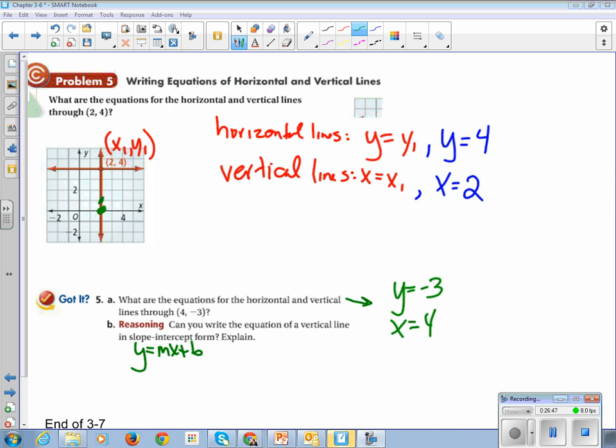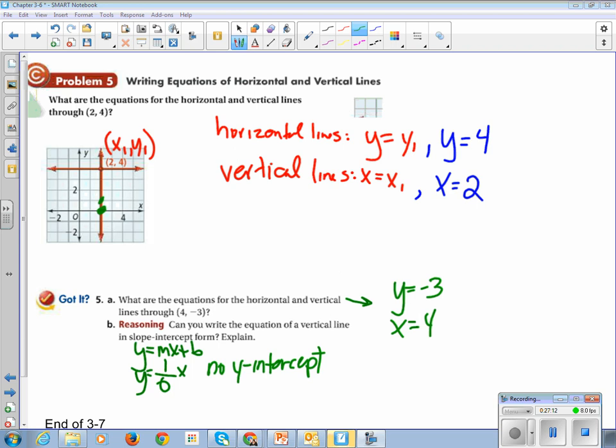So the slope would be 1 over 0. And what's my y-intercept? Where do I cross the y-axis? I have no y-intercept. So you can't use the slope-intercept form because I do not have an intercept.